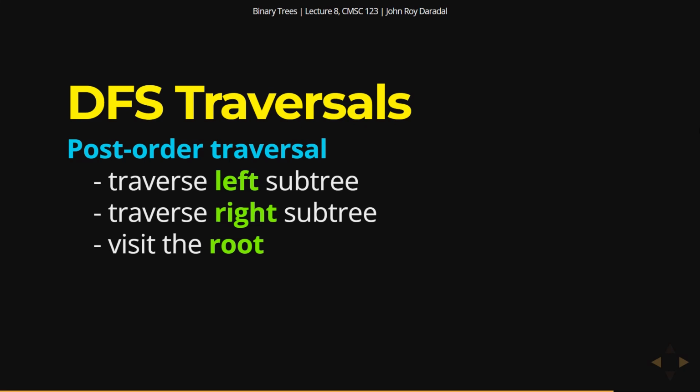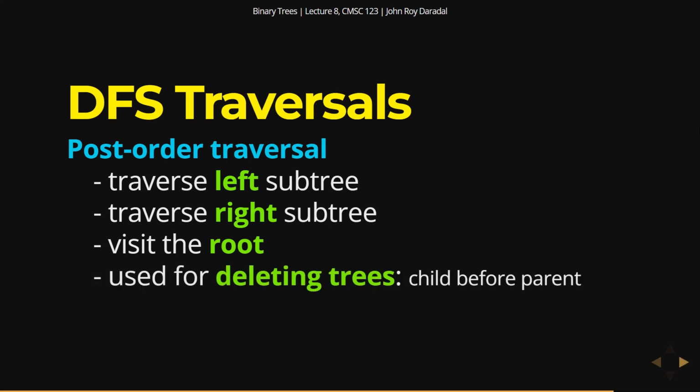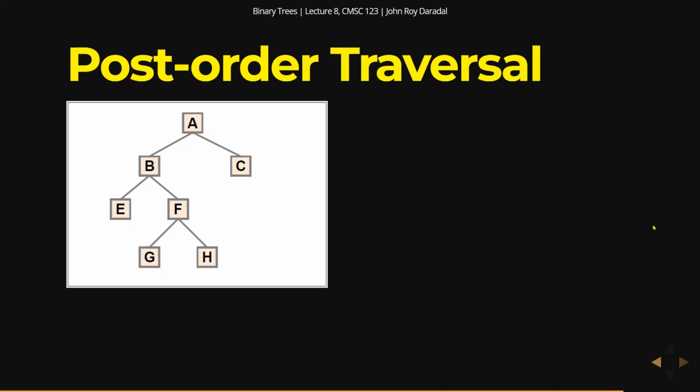You go to the left subtree first, and then the right subtree, before processing the root. You actually use this for deleting trees, so that you delete the children before the parent and don't have any floating nodes. So delete all children first before deleting the parent. That's post-order traversal: left first, right, and then root. Let's see that in an example.